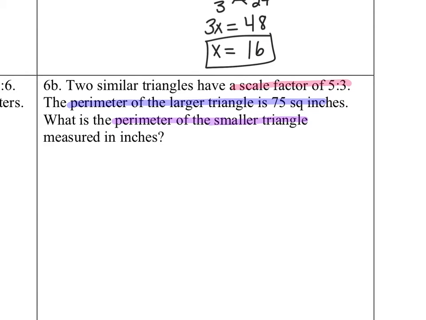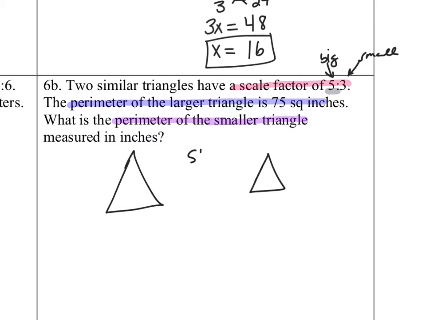If you have a hard time visualizing, draw your picture out. We have a scale factor of 5 to 3, so this means your big triangle comes first. So draw big, and small, and we have our scale factor of 5/3.